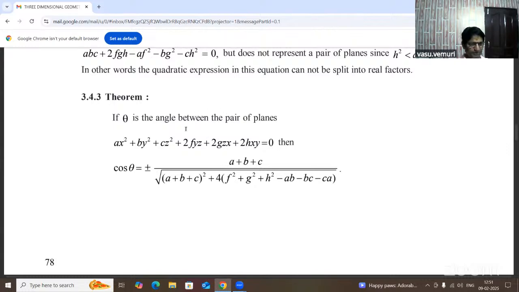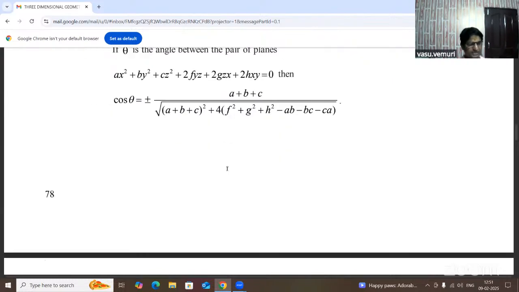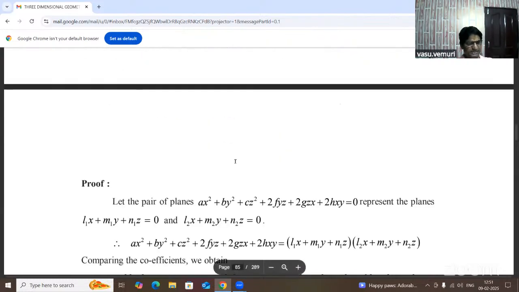This is the angle between the pair of planes passing through the origin: cos theta is plus or minus the sum of the coefficients of x², y², z², divided by the root of the same sum whole square plus 4(f² + g² + h² - ab - bc - ca).